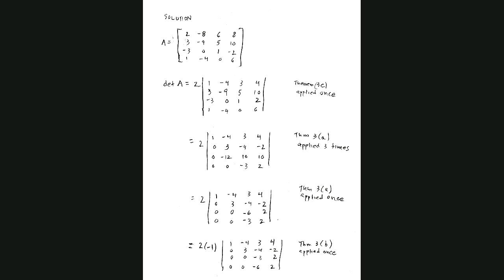So first thing I'm going to do, well, what's the first thing you might want to do here to get matrix A in echelon form?